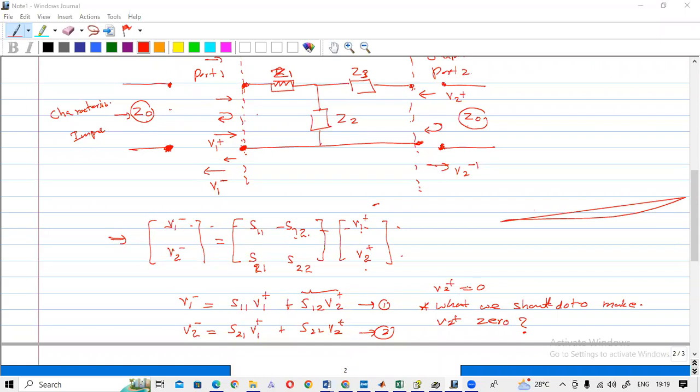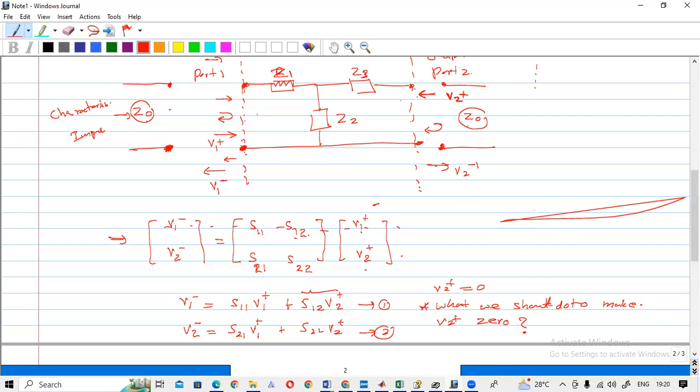Now check here. So you can see that V2 plus. Try to understand this very well. Here V2 plus we have marked in this direction, inside the port, inside port 2. That is our standard.